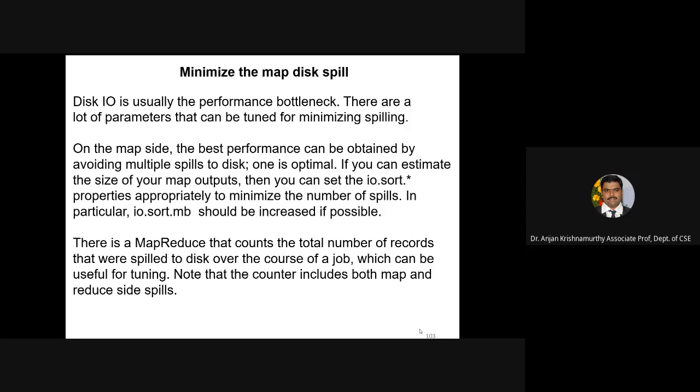So if you want to enhance the optimality of using the map disks and avoid multiple spills on the disk, one optimal solution is that you understand the size of your map output, and based on the estimation of the size of the output, you minimize the number of spills required after it has been sorted.